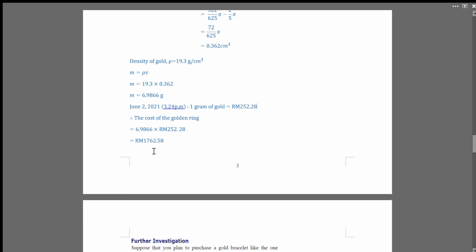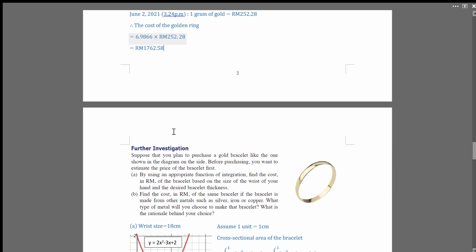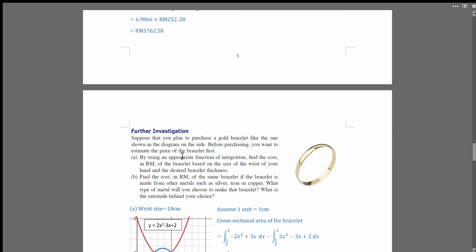So I multiply the mass with the price per gram, and then I get the cost of the golden ring is 1762.58 ringgit. So that is my final answer.